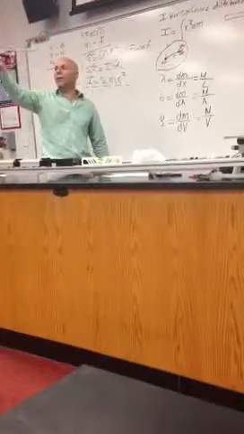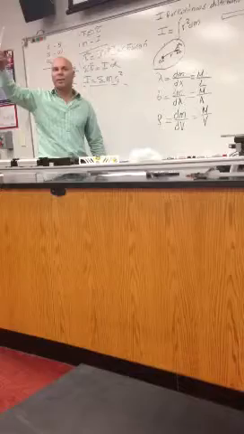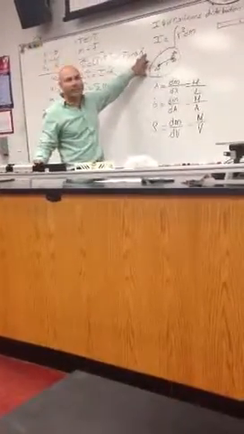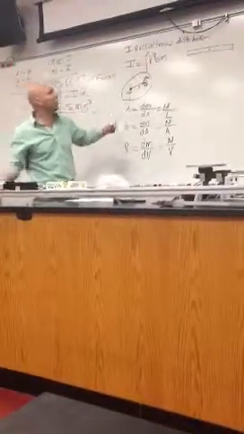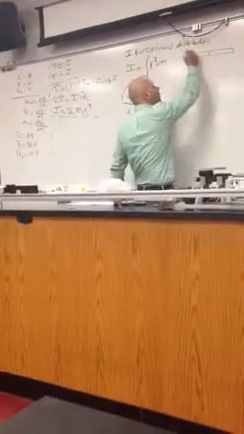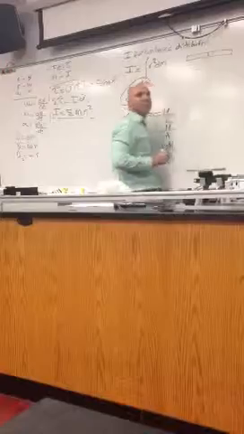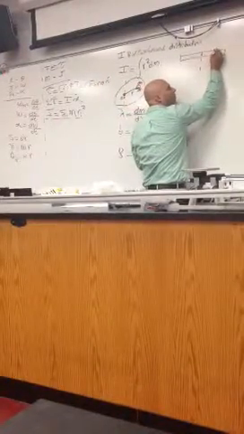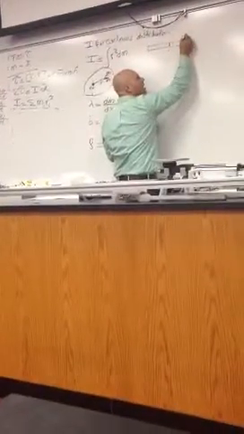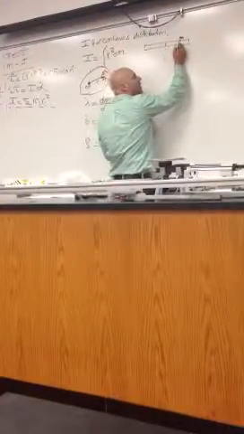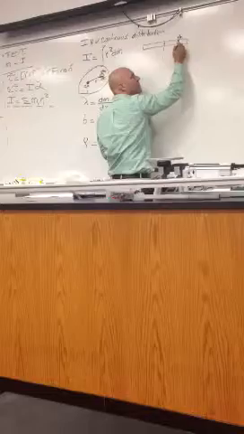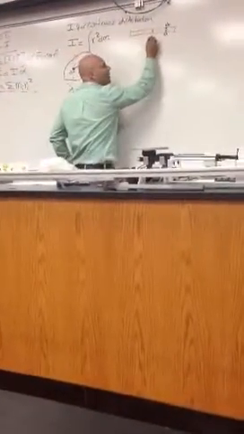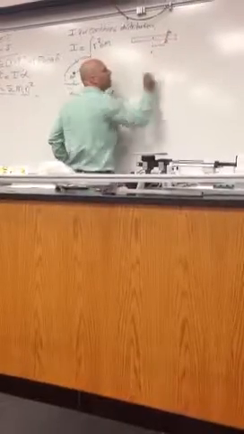In order to find that, we will take a piece of this element and call it dm. The length of this dm is dx. The variable of integration is x, which is the distance from here to here.